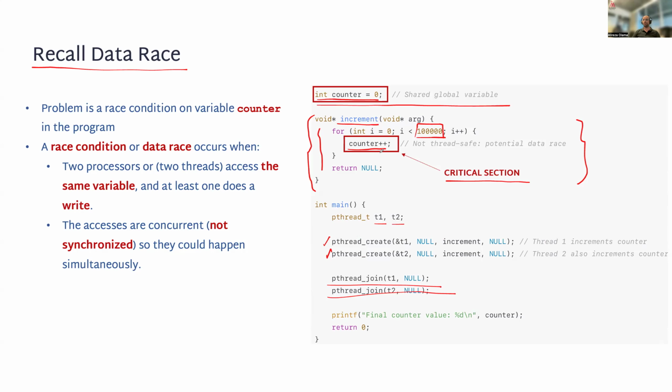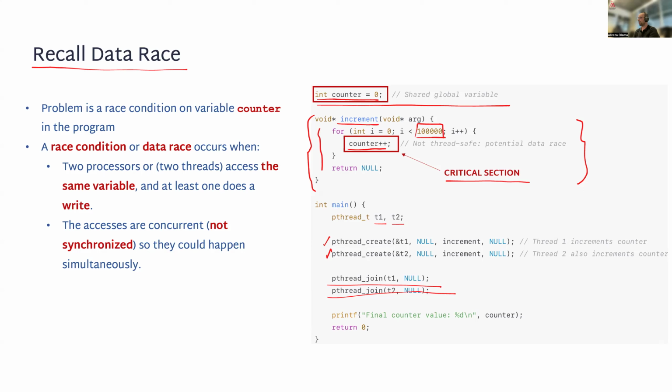Can anyone tell me that? 200,000. Yes, right? Because we run it 100,000 times and then we call this function again and we run it 100,000 more, right?